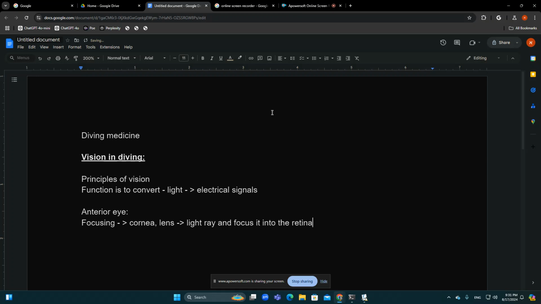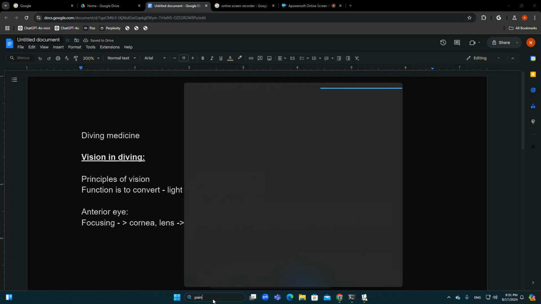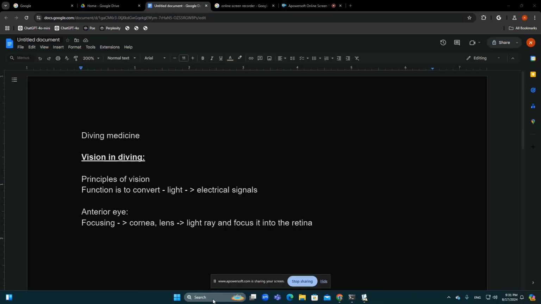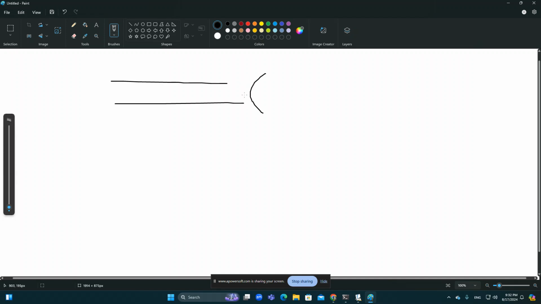If I try to describe this to you, let's do it in Paint maybe. So I have the light rays, they are right here, and I have the eye, and they take those light rays and focus them onto the retina to one place. Usually the most important place is the fovea, which is the center of the macula.